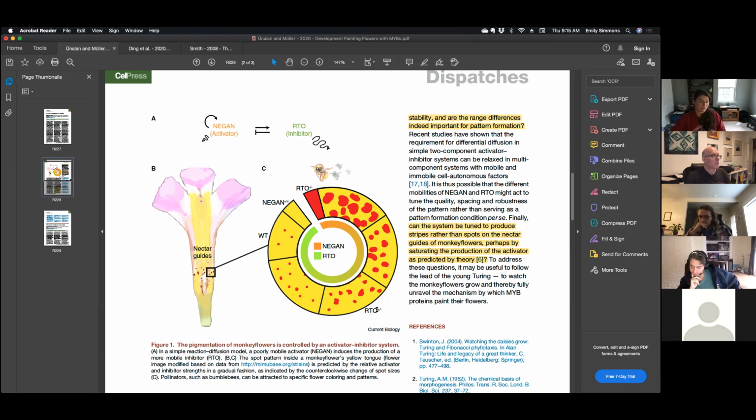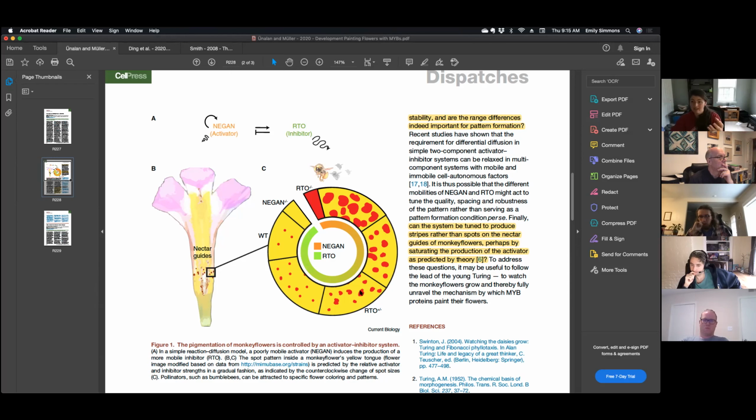Halfway around this pie chart, we see what happens if you have half of the RTO being a knockout. So if you consider a heterozygote where one of the RTOs is functional, the red tongue is functional, whereas the other one is completely non-functional, you have less inhibitor.